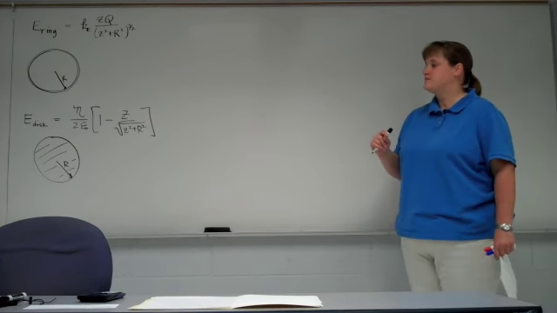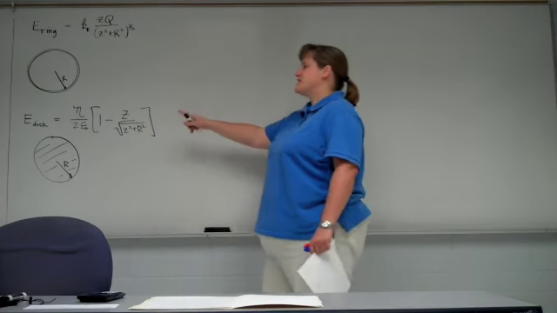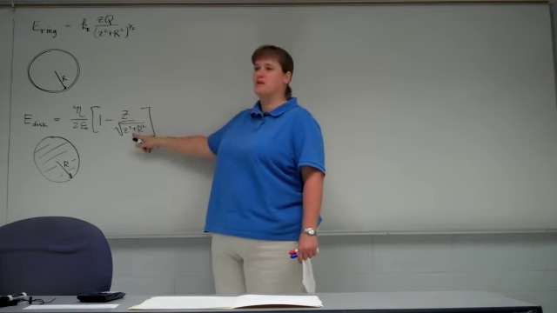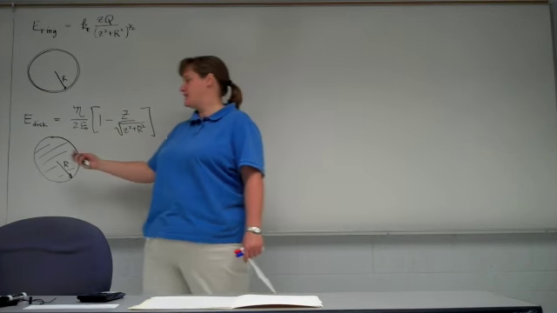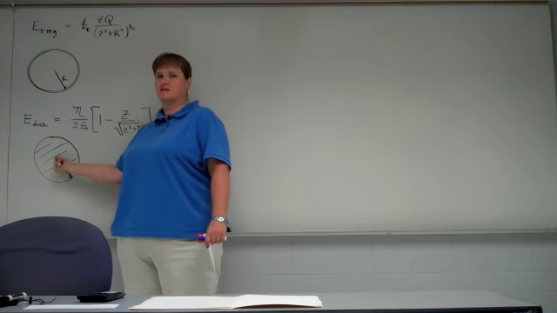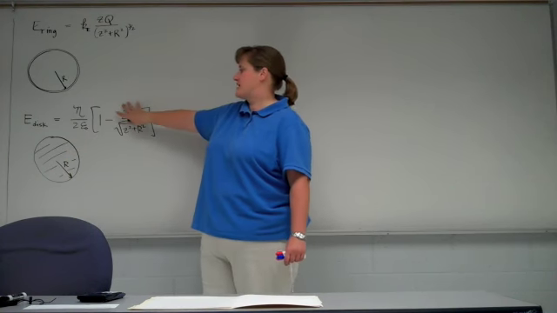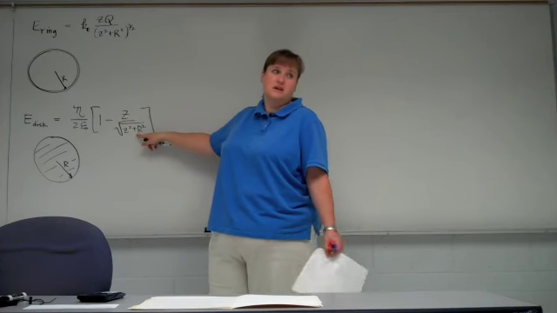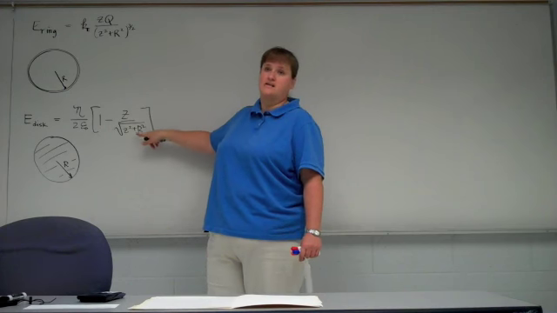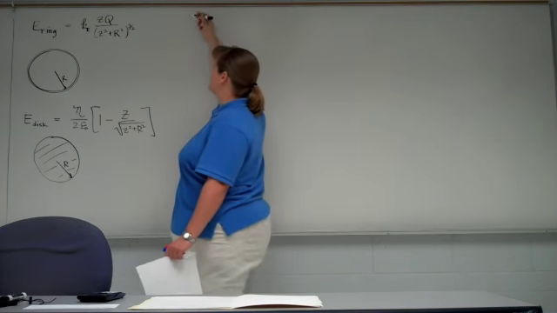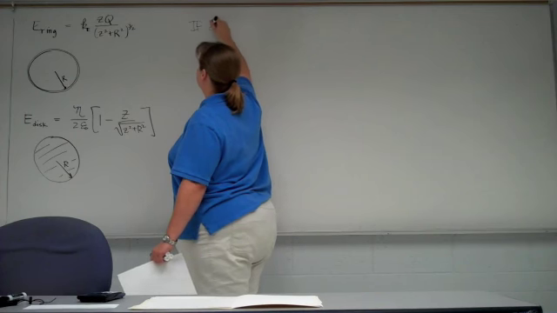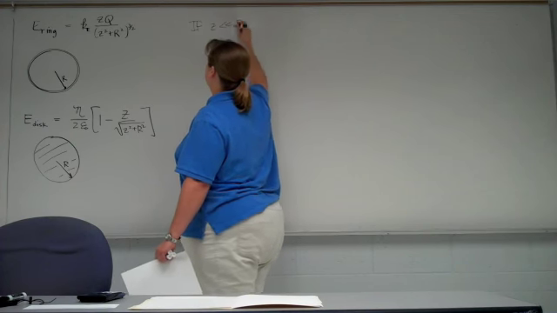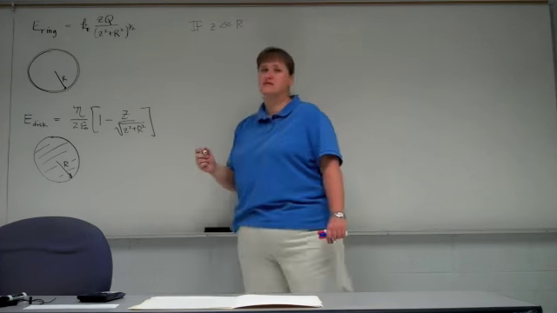Notice with this equation, if Z is really small compared to R, meaning if you're really close to this disk, this term actually goes to 0 because you have a small number over a big number. If Z is a lot smaller than R, this term goes to 0.